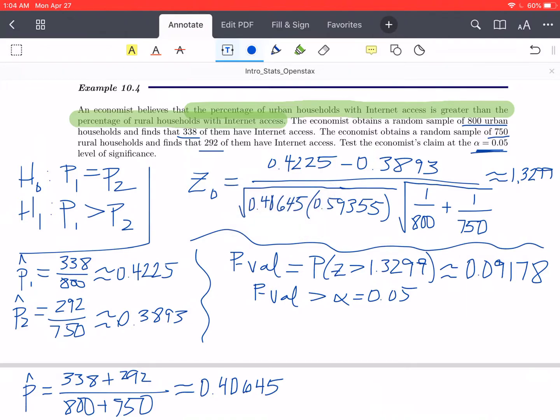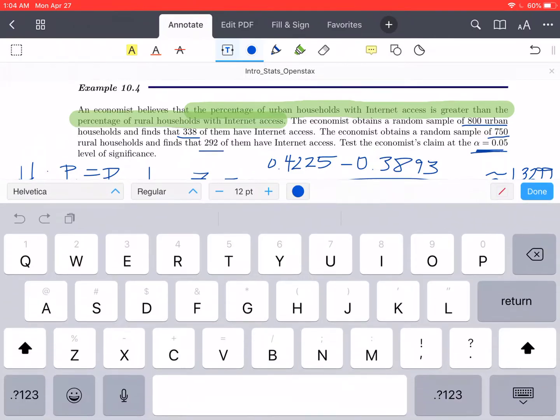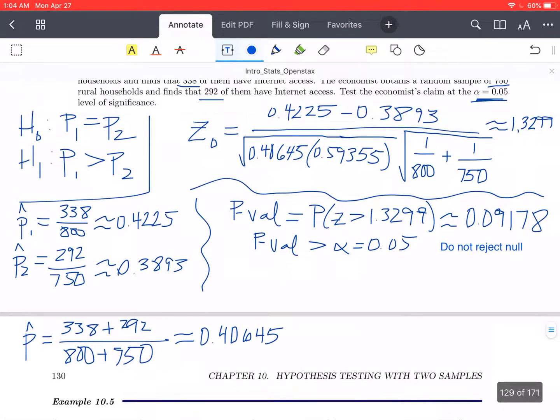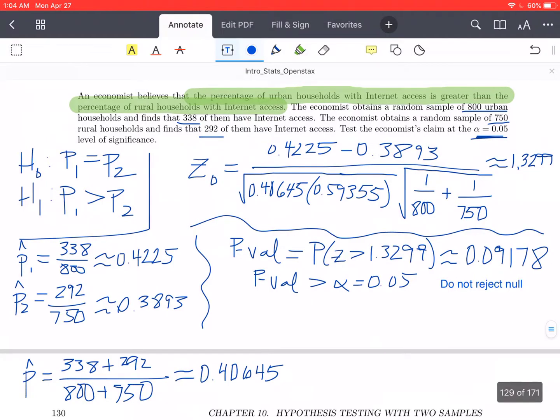So we say do not reject the null hypothesis. Okay, so a lot of not rejecting in these sections so far. So what does this tell us? Well, it just means we do not have sufficient evidence to make the conclusion they want to make. So they believe that urban households have greater internet access proportionally than rural households, but we don't have enough evidence to support that.